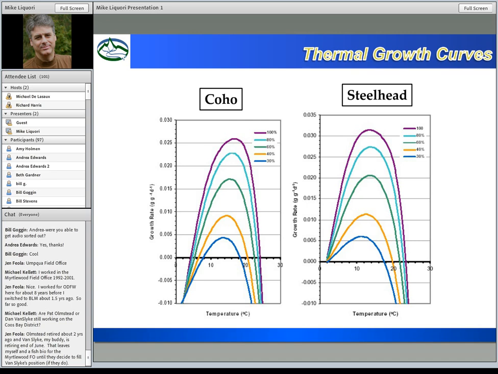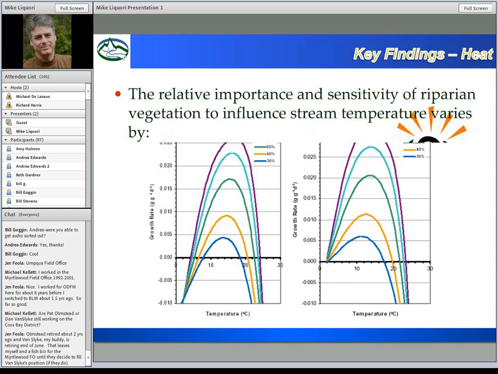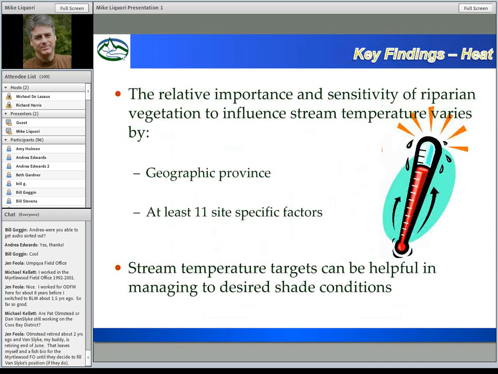And if you have a somewhat warmer system, you can produce a very few number of fish, but they'll be very large. So what we're striving for is that middle range where we can have a large number of fairly good-sized smolts that will have a strong potential of returning as adults.